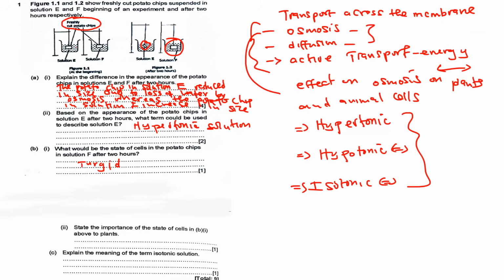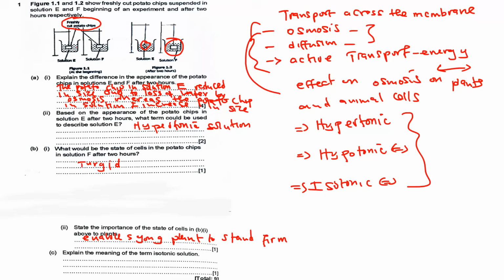State the importance of the state of cells in B above to plants. This enables young plants to stand firm.